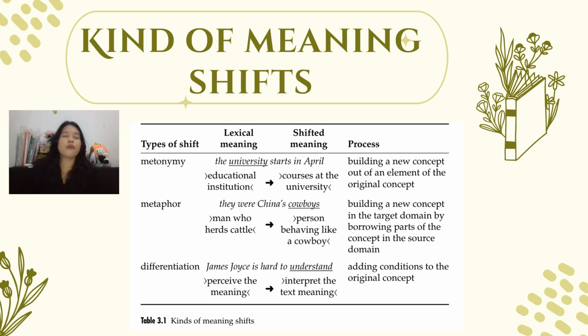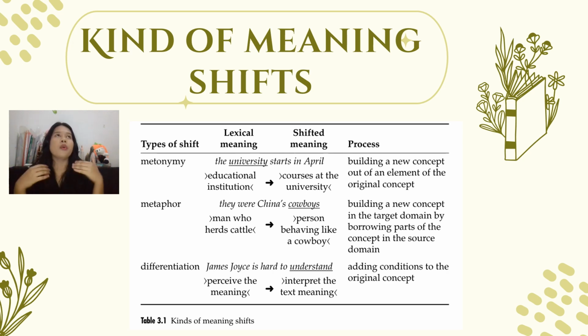Next we have metaphor. They were China's cowboys. Cowboys in lexical meaning means a man who herds cattle, but in the shifted meaning it's not the real meaning. It's not the same as the lexical meaning. Cowboys here means a person behaving like a cowboy.